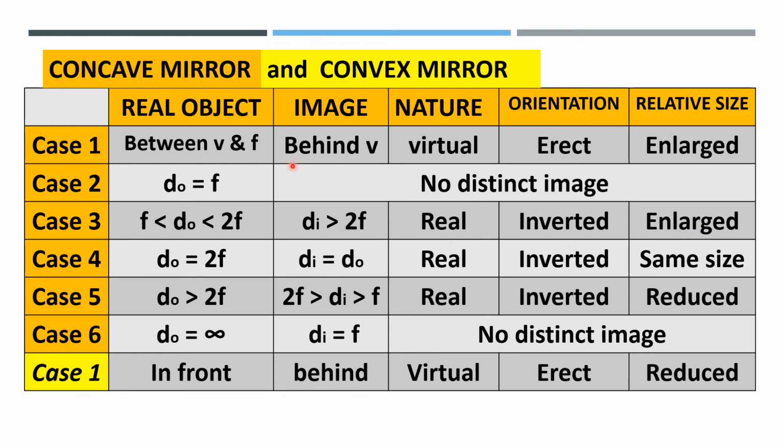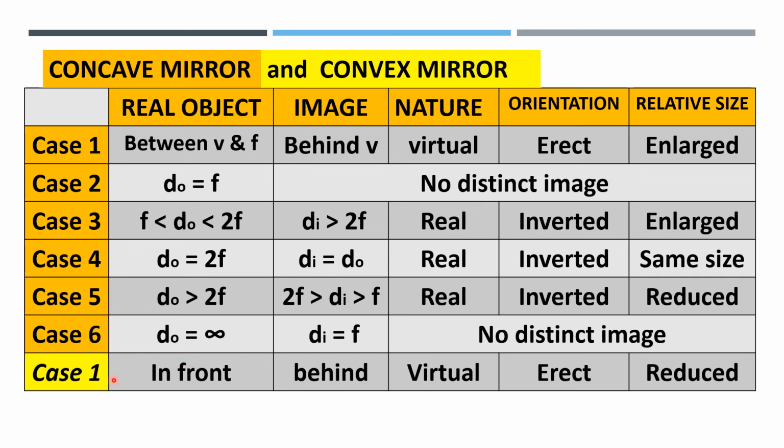So there are other cases: 1, 2, 4, 5, and 6. If you're going to analyze problems involving image formation by concave mirrors, this is a very good guide for you to determine the nature, orientation, or relative size of the image.